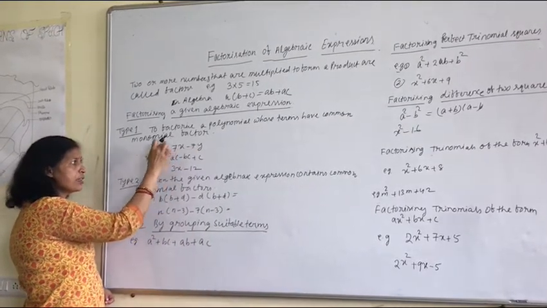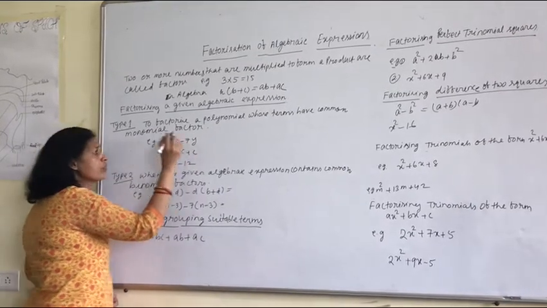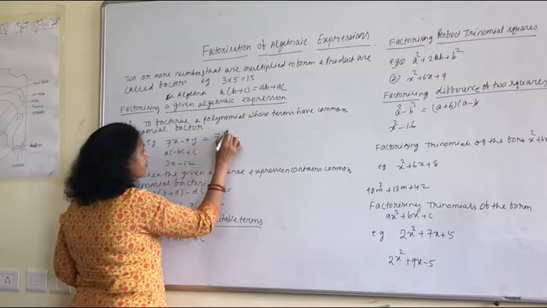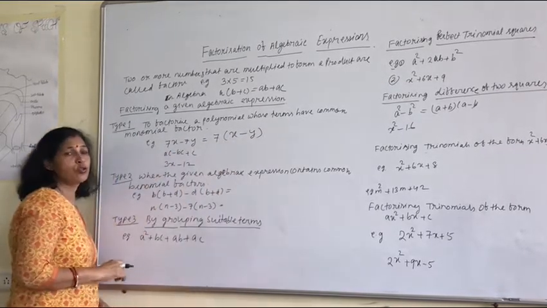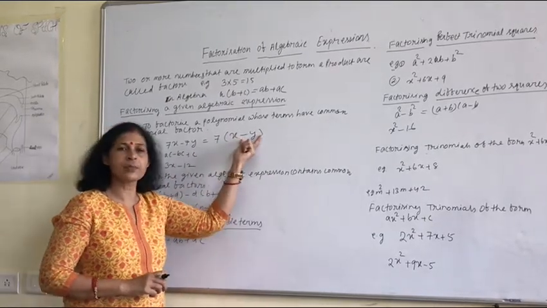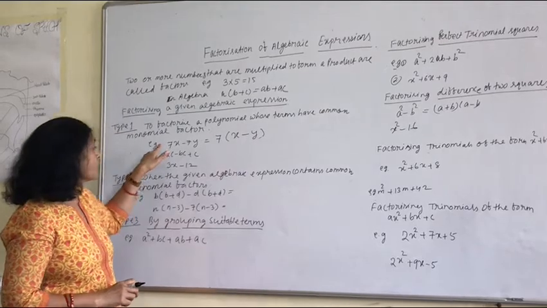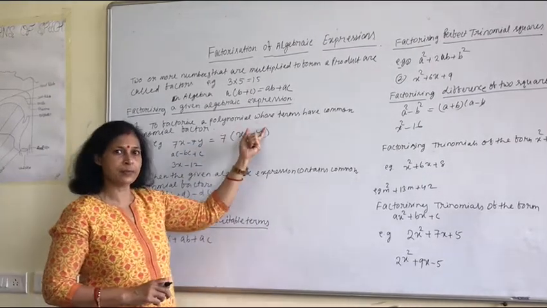So you take 7 common, and x minus y remains. So two factors are there, one is 7 and the other is x minus y. So factors of 7x minus 7y are 7 and x minus y.